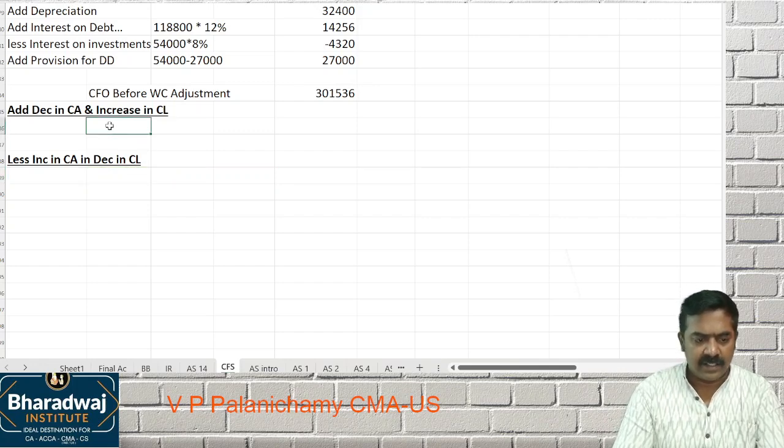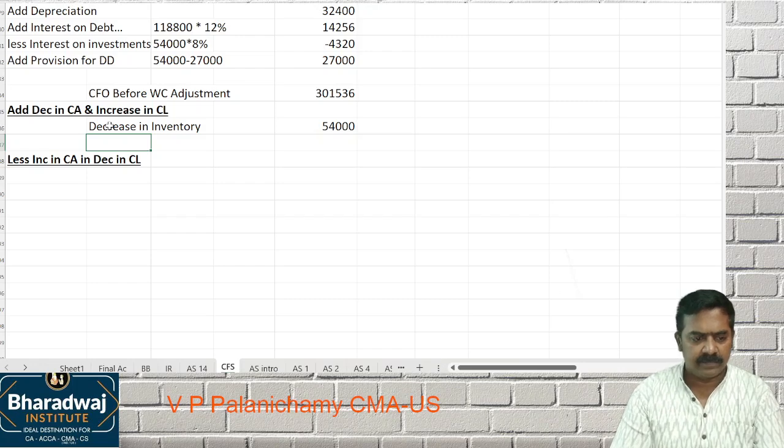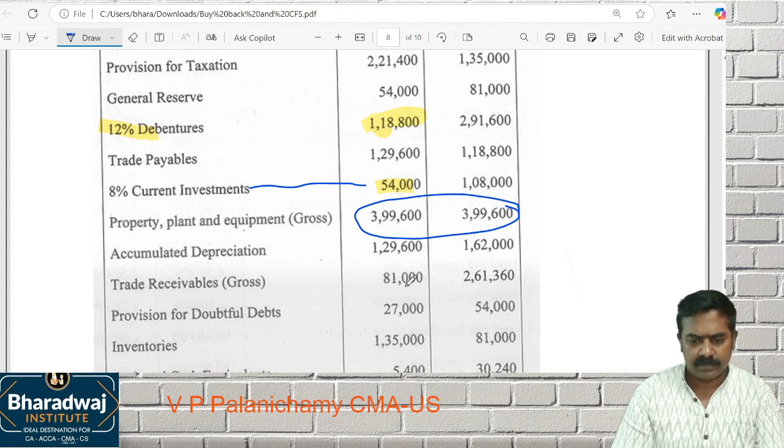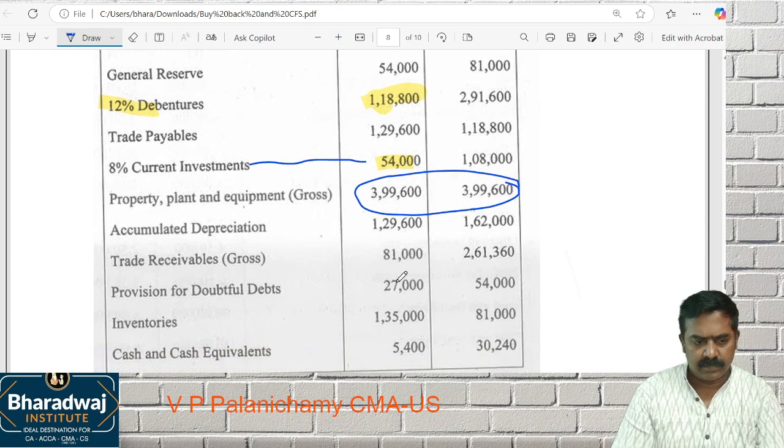What is it? Increase or decrease? Decrease in inventory. How much? 54,000 we need to add. Then trade payables, decrease or increase.